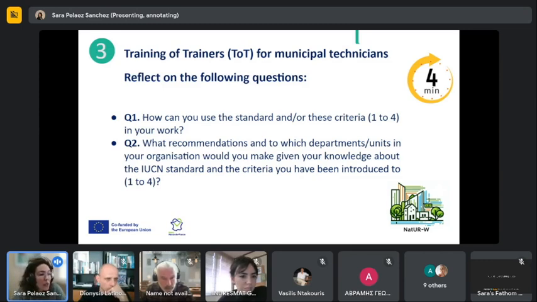How can you use the standard, or these criteria 1 to 4, the ones of today, in your work? And what recommendations, and to which departments or units in your organization, would you make, given your knowledge about the standard and the criteria that you have been introduced to today? Just take your time, 4 minutes, to reflect on those, and I'm looking forward to hearing from you.